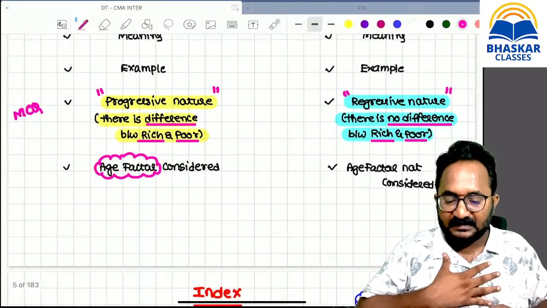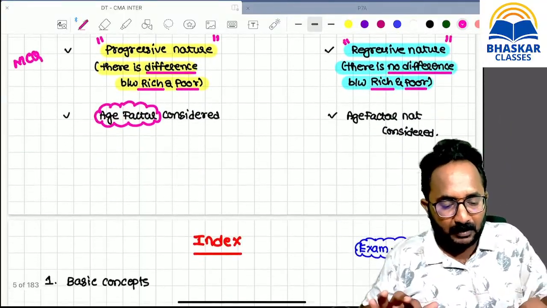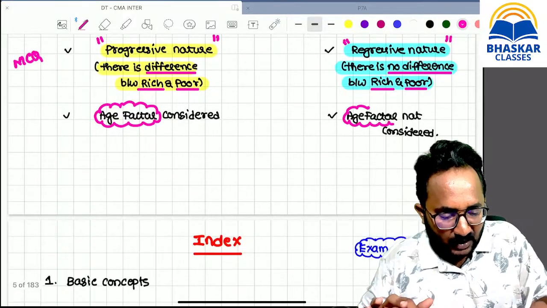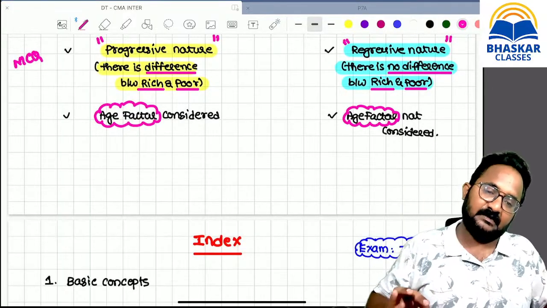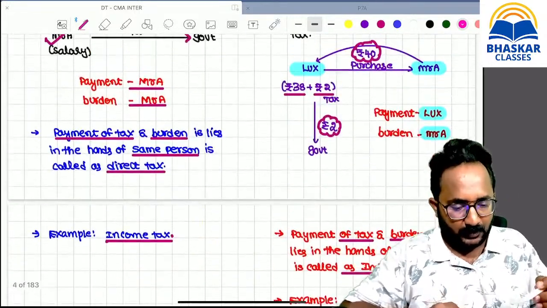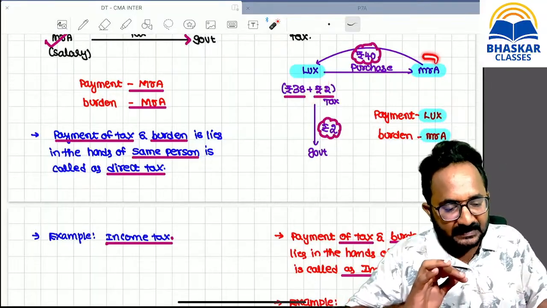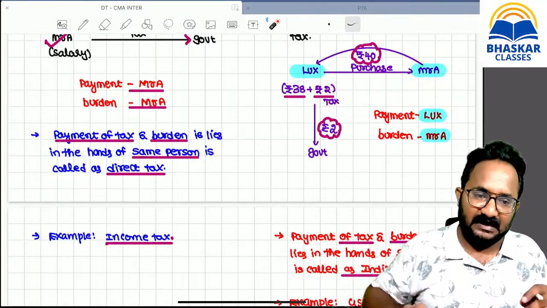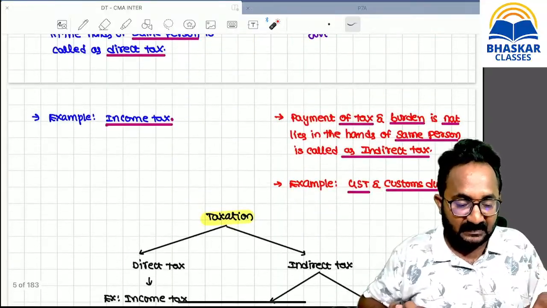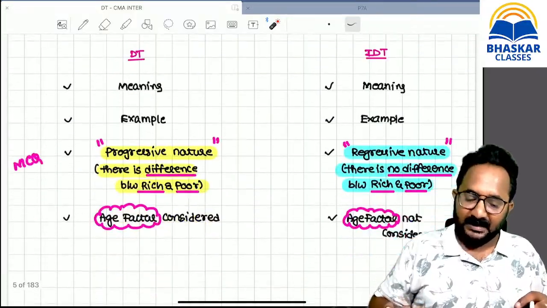So always in direct taxation we can consider the age factor, but remember in indirect tax we cannot consider the what, ma? Age. Remember, if a minor purchases, the same tax they will collect. If a senior citizen purchases, the same price they will collect. There is no differentiation of age factor with respect to indirect tax.